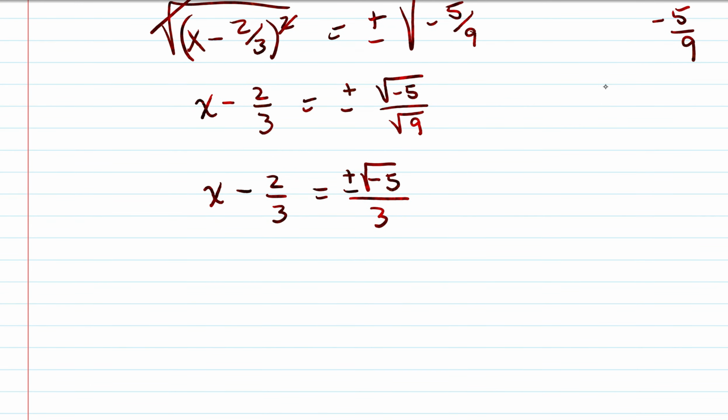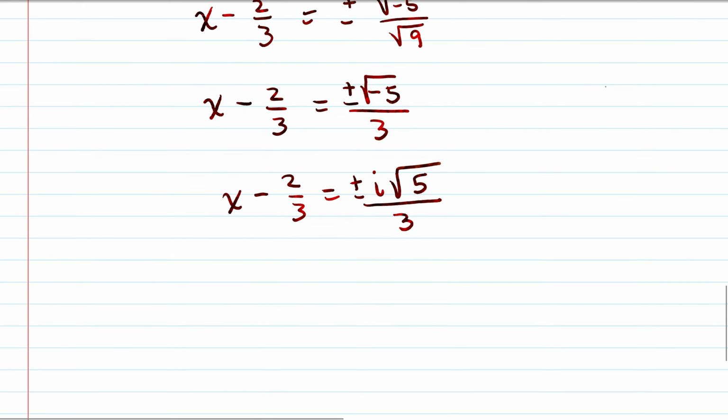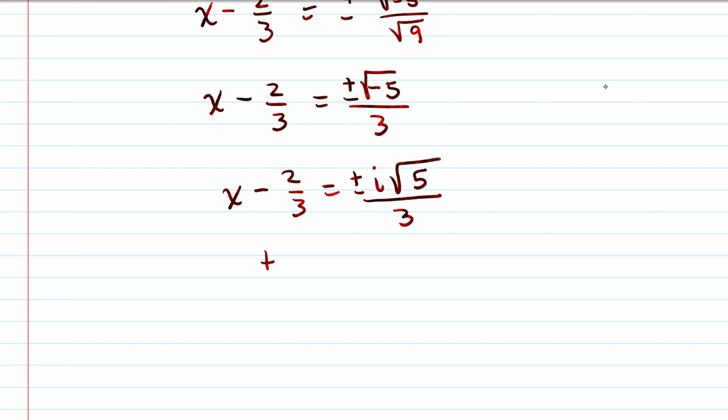And then we can say to ourselves, okay, x minus 2/3 equals that negative underneath the radical. That tells us that we need to use an imaginary number. So plus or minus i square root of 5. And then this is all over 3. Now if I solve for x, I need to go ahead and add 2/3 to both sides.